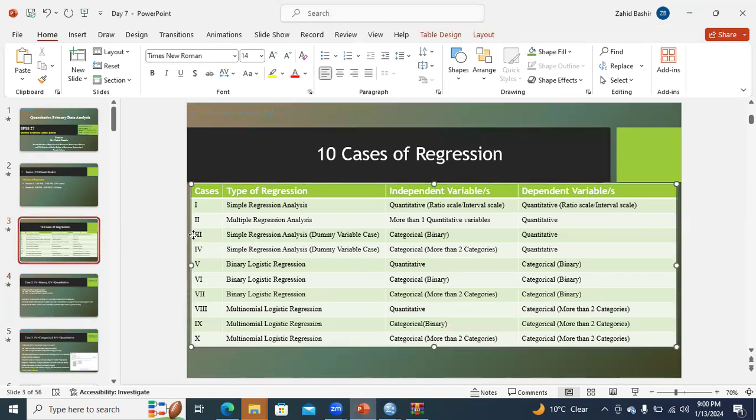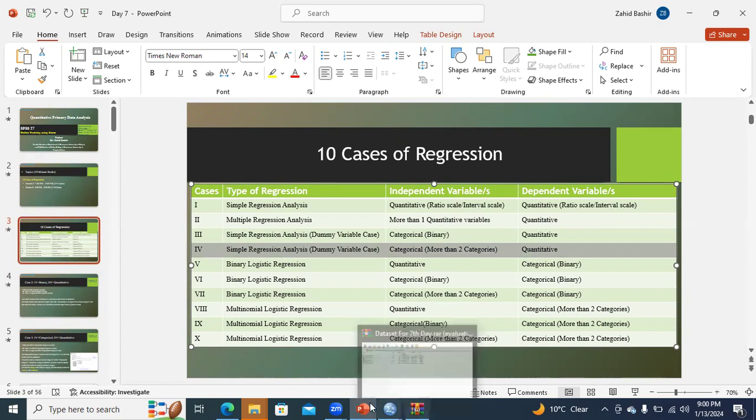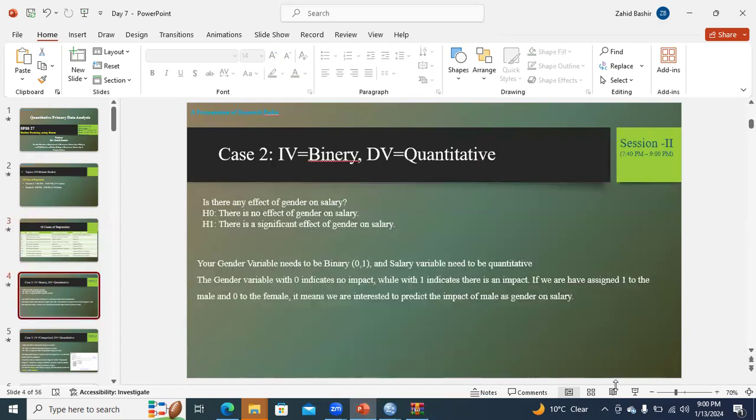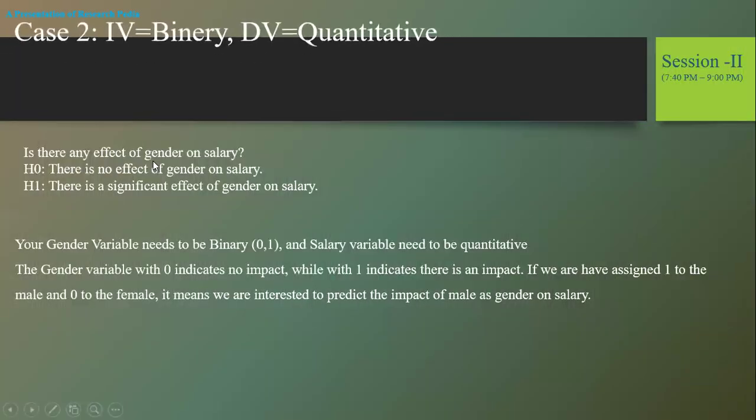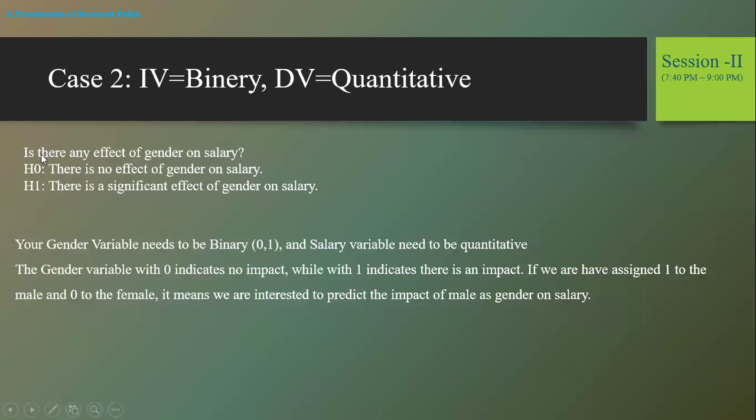This is the third one. For regression case 3 you can use the data set available, and for this case you can use data set 4. So how can you use those data sets? In the case 2 data set, you may be interested in the effect of gender on salary.